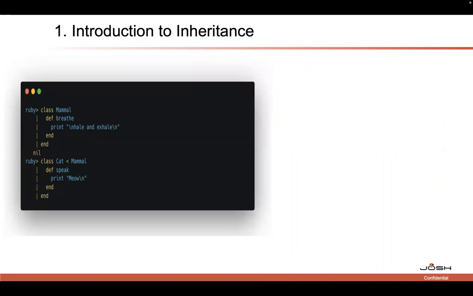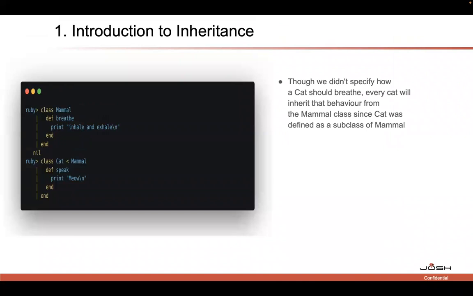Now, since Cat is inherited from the Mammal class, the instance methods of the Mammal class will be available to the Cat class for free, basically. Though we didn't specify how a cat should breathe, every cat will inherit that behavior from the Mammal class, since Cat was defined as a subclass of Mammal.